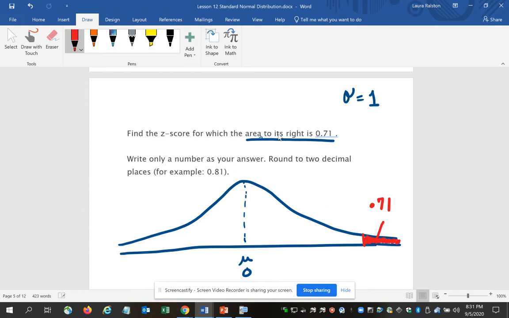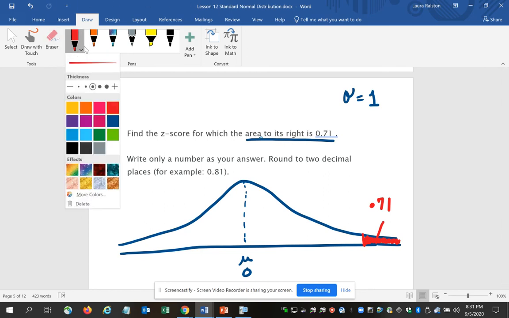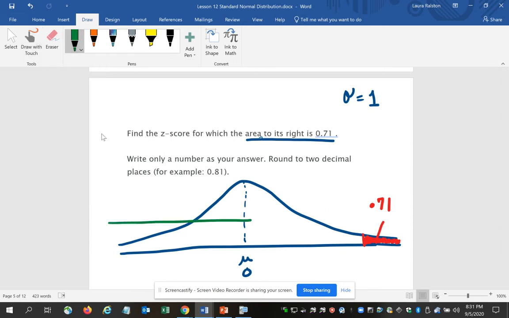But in order to type it into the calculator, I need the area to the left. Now I know this whole curve is 100%.